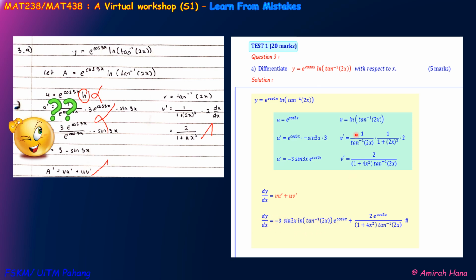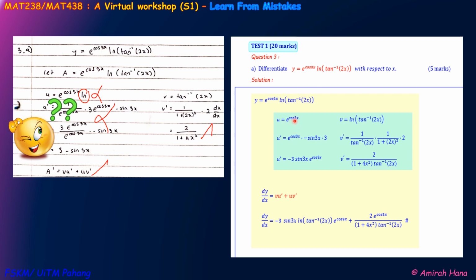supaya tak confuse. Okay. So maybe we can rearrange formula negative 3 and then sine 3x and then ln letak dekat celah-celah ni. And then e to the power of cos 3x and then based on formula product rule kita ada plus ini, dan yang ni darab dengan yang ni. Yang ni maksudnya e to the power of cos 3x over 1.